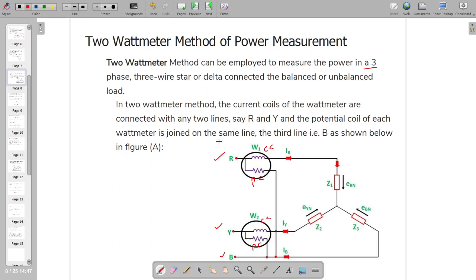So this is the wattmeter connection arrangement as explained here, and the load is of star nature, that is, Z1, Z2 and Z3 are the phase impedances at the load side. These are the voltages appearing across the R phase, Y phase, and B phase.